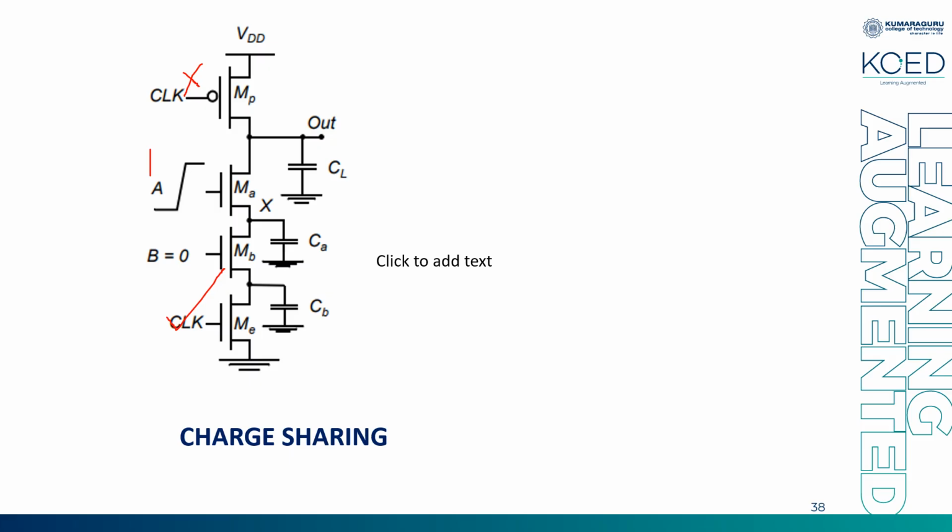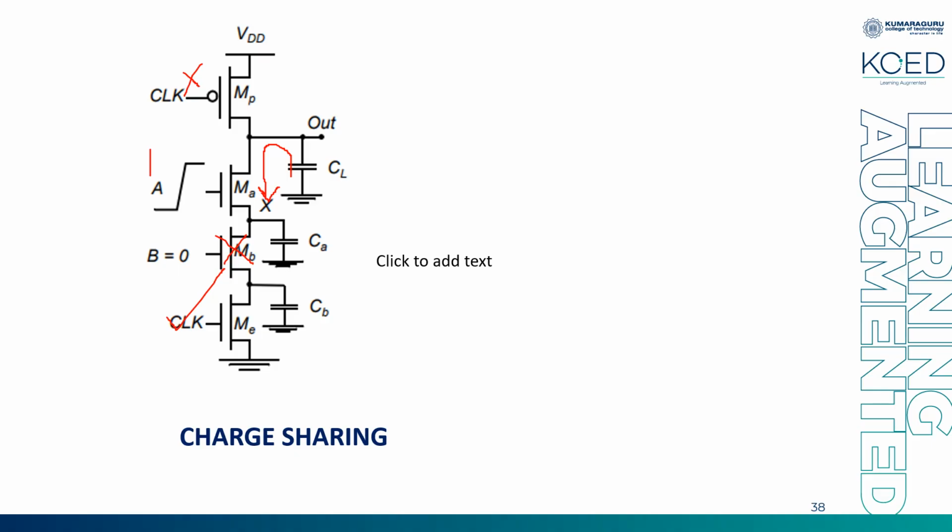You have a low resistance path. The 5 volt available in this load capacitance will move from this output node to MA because this is a closed switch. It will try to move further via the B transistor, but it cannot because that is in off condition.